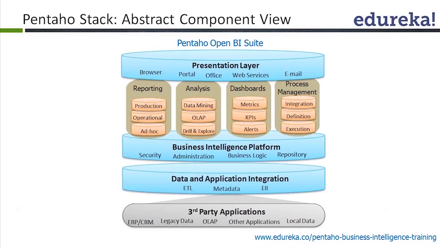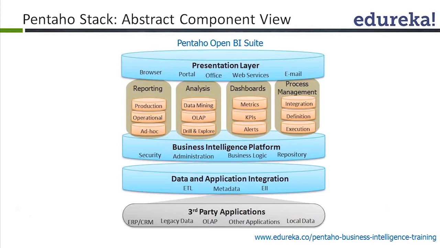Then BA server supports LDAP-based security as well as Kerberos integration. I'm not sure you are aware of Kerberos, but it was developed by MIT labs, and it is supposed to be the strongest security mechanism so far in the world.